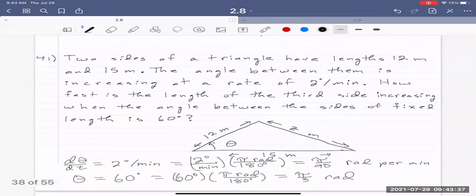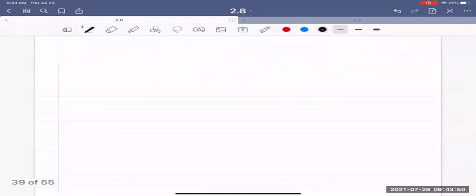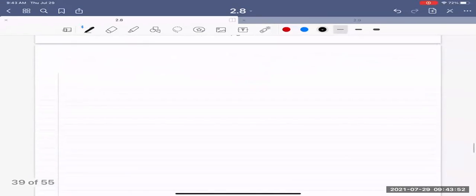And I want to determine how fast the length of the third side is increasing. So I want to figure out dz/dt.